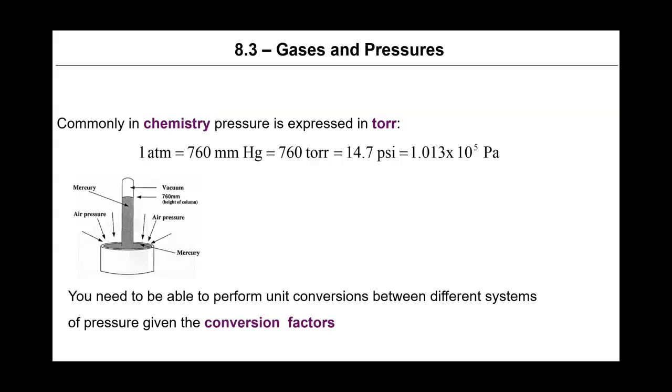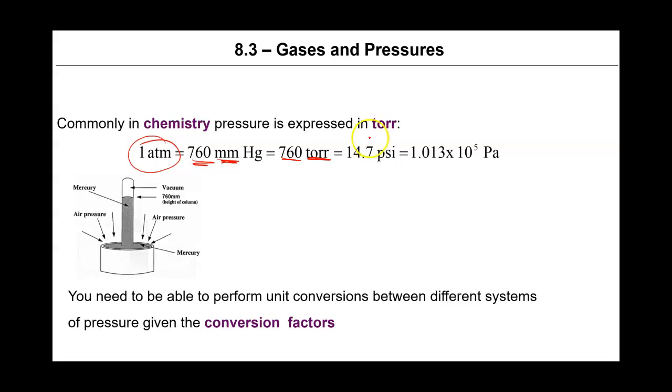So for this reason, commonly in chemistry, pressure is expressed in torr, and 1 torr is exactly the same as 1 millimeter of mercury. A standard atmosphere has a pressure of 760 millimeters of mercury, or 760 torr.